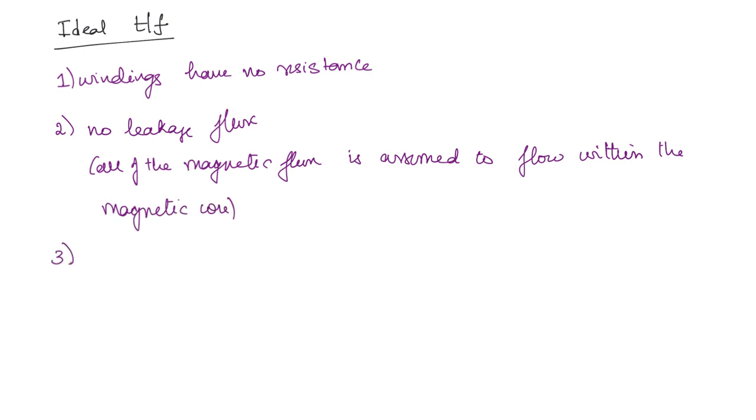The third point is the core is assumed to have infinite permeability. That means if you draw the magnetization curve, here you have B and here you have H. You can also write phi and MMF. Now mu is nothing but the slope. If the slope is infinity, then what will the curve be? The curve is going to be a straight line, and only till saturation.